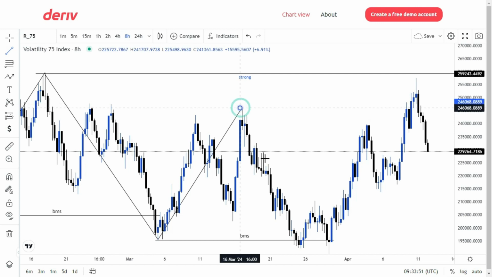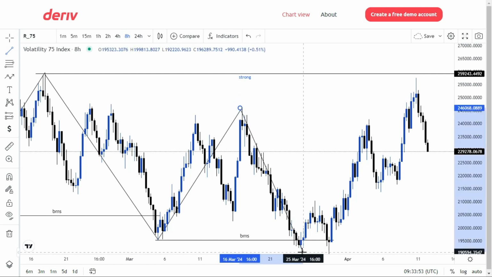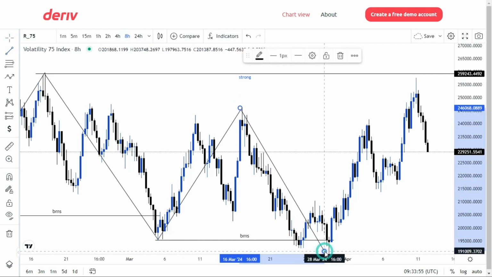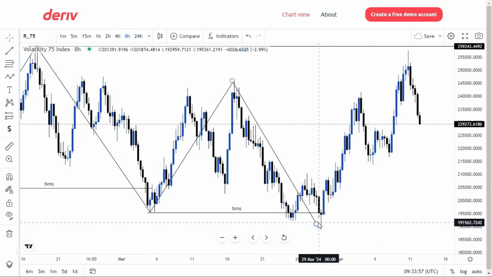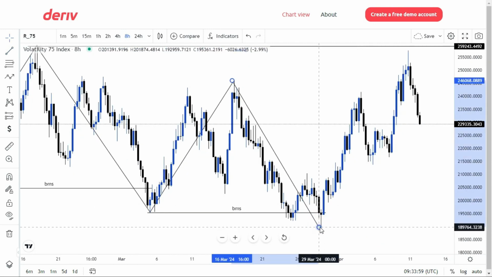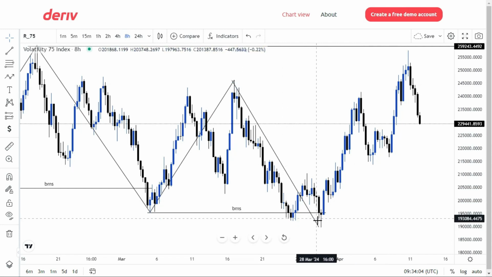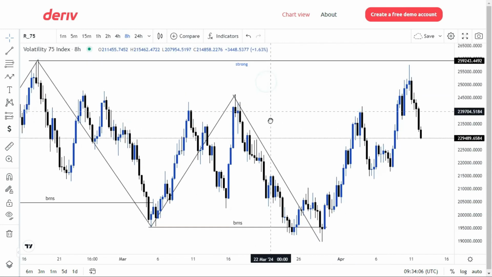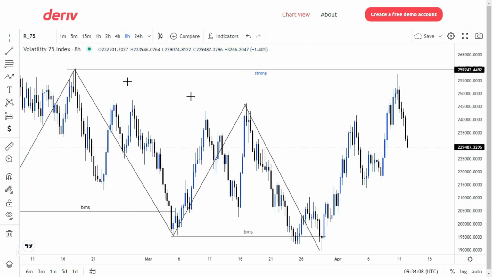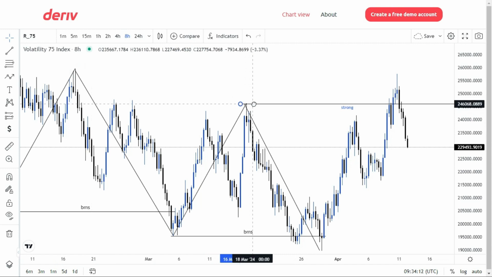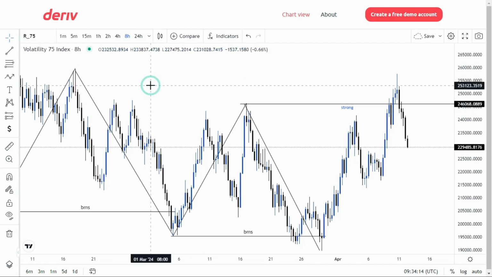So the high that is causing the break in market structure here is this one. So our strong high has now shifted from that point to this point. This happens to be our strong high. If you look clearly at our analysis, we are breaking down this V75 to have a story to tell about it and to map where it is heading.